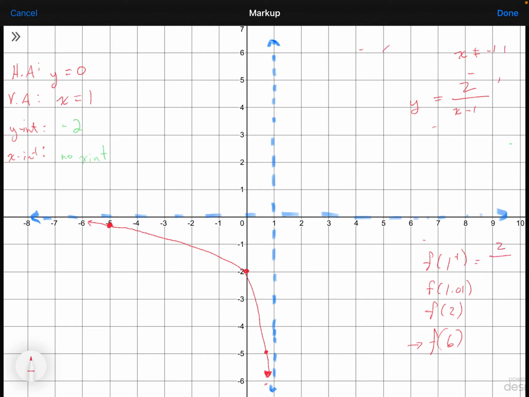But anyways, the f of 1 positive is going to be 1.01 minus 1. We're able to see it's going to be 2 divided by something that's positive but small, which is going to be positive large. Whoa. Now, again, that's a figurative point.